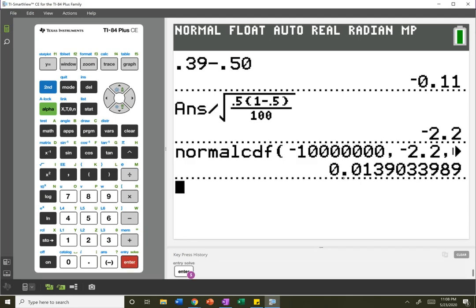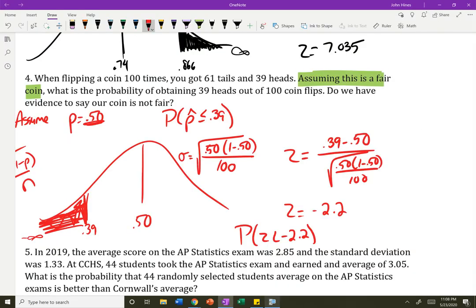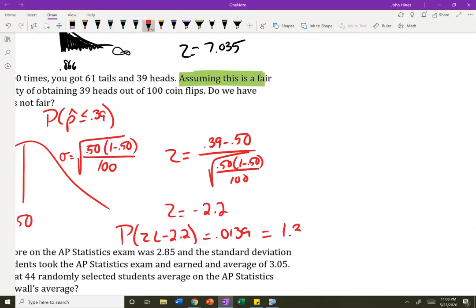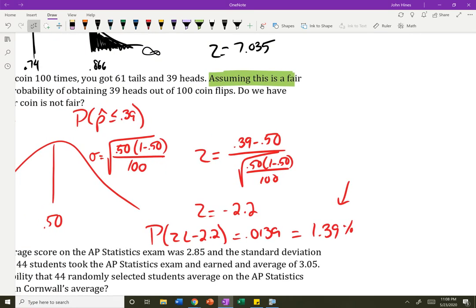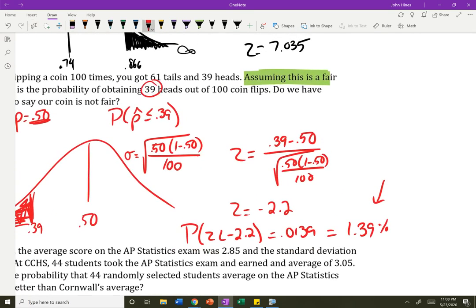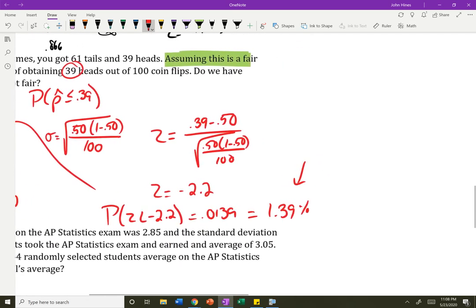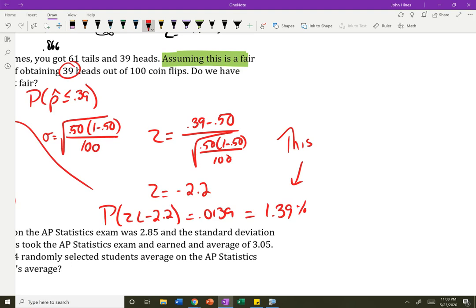So this happens 0.0139, which is about 1.39%. It can happen that I get 39 heads out of 100, but I'm going to say this is an unusual event.